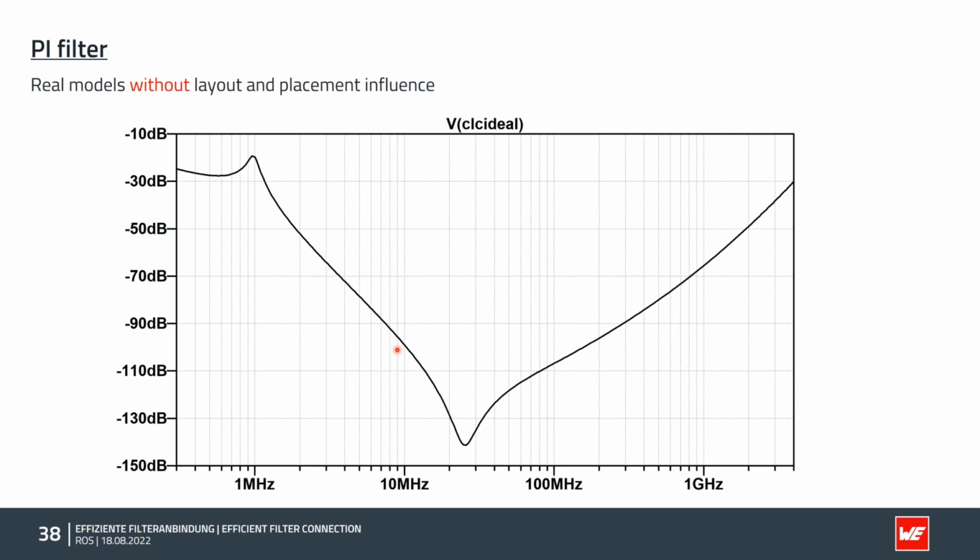It's a typical value. The simulation runs without layout and placement influence, and for this you get a very wideband attenuation and very high attenuation. That's the ideal thing you have in the simulation.